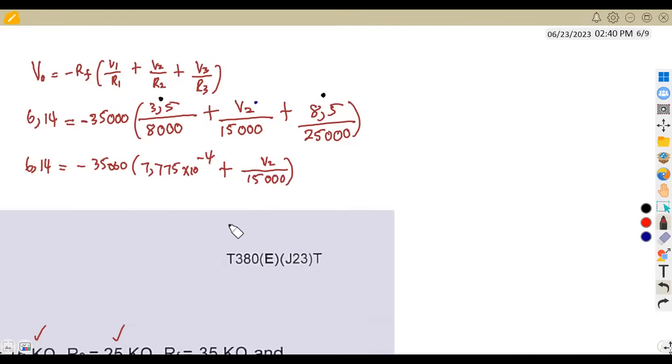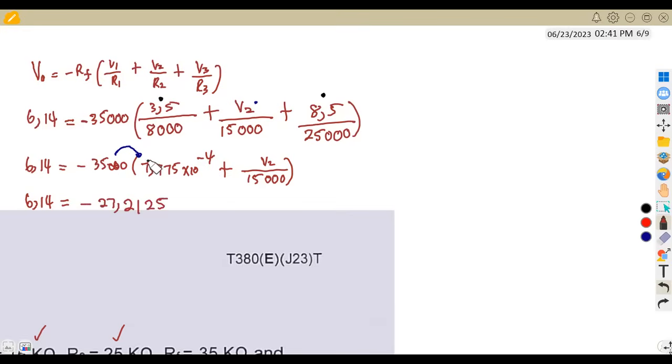All right. So what we can do, we can expand our brackets. In this case, 6.14 is equal to minus 35,000 multiplied by this part. So it's minus 35,000 times this first part of 7.775. If you multiply, we are going to obtain negative 27.2125, something like that.